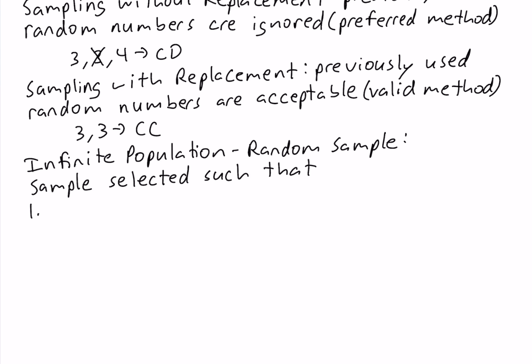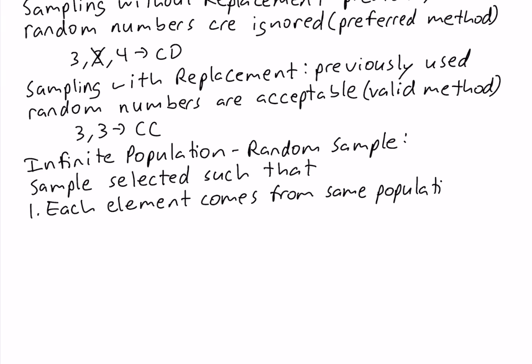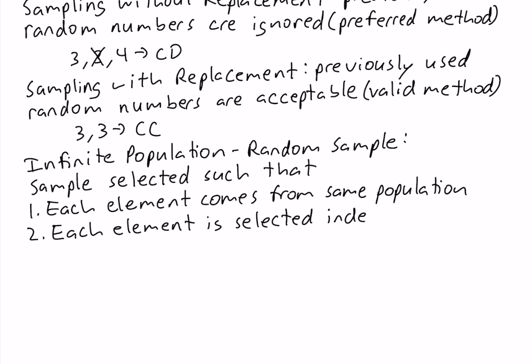The first one is that each element comes from the same population, and the second criteria is that each element is selected independently.